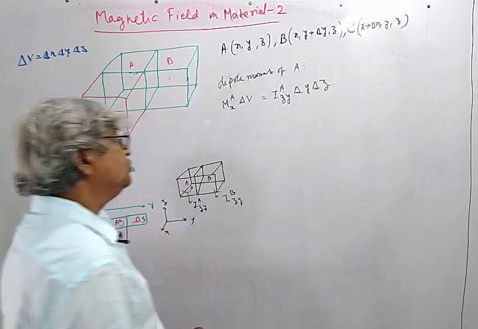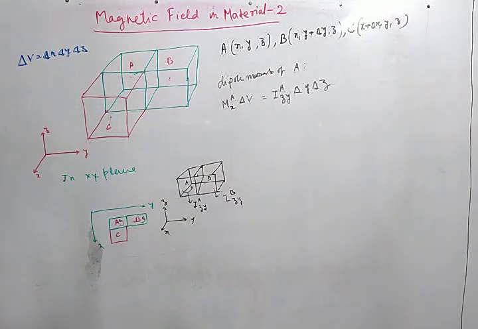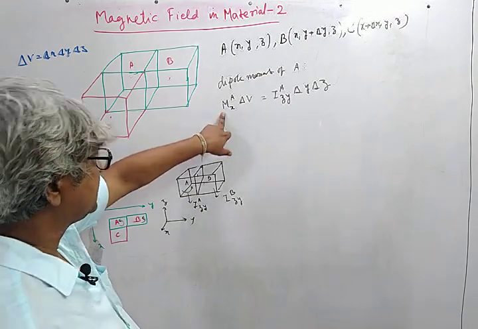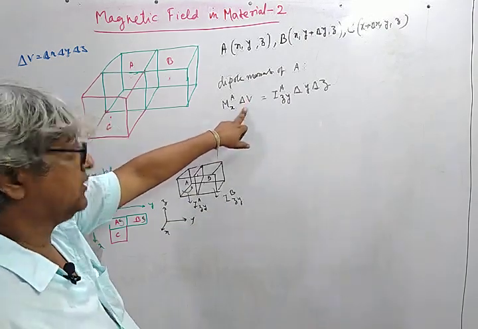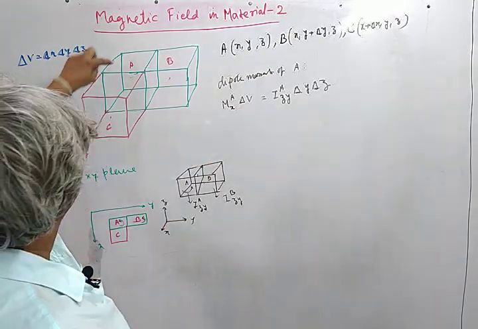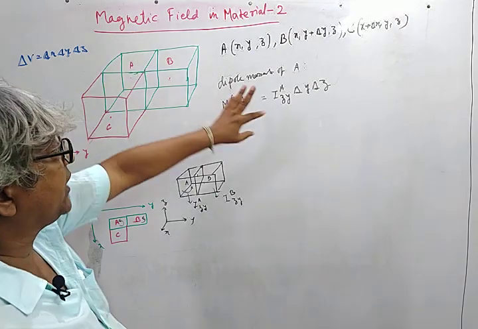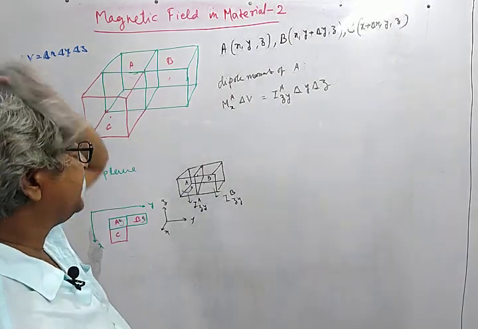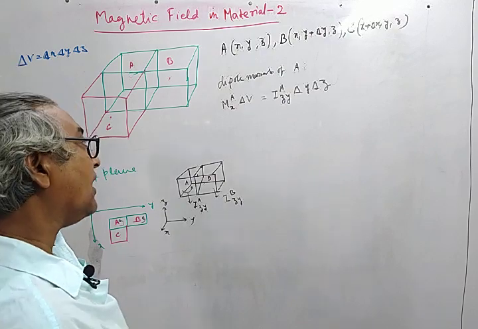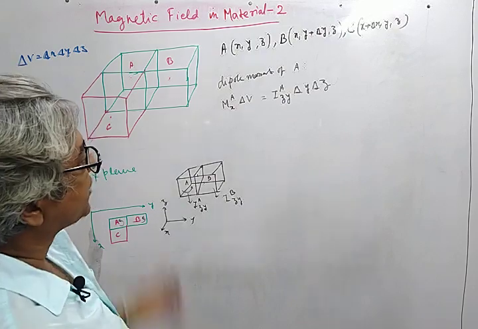So we have used two definitions of the dipole moment. First is via magnetization: dipole moment per unit volume multiplied by volume, so this is the dipole moment of the volume element A. And we have used another definition, that the dipole moment is equal to the circulating current times the area.